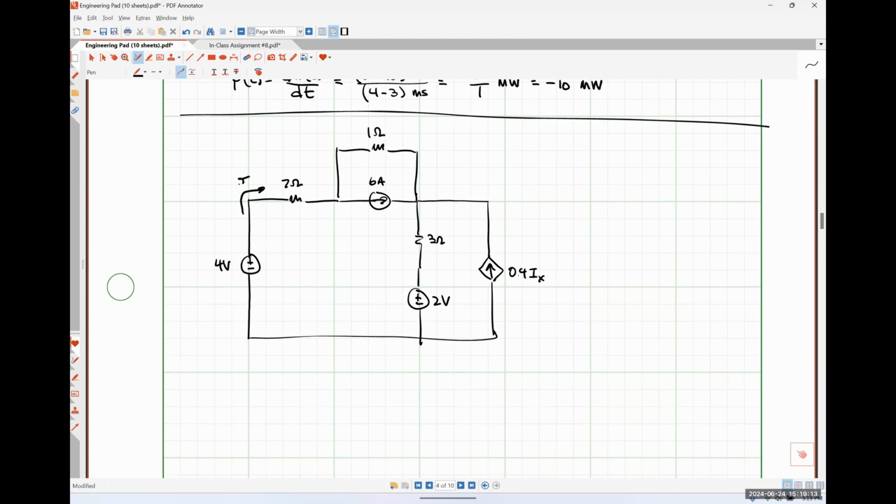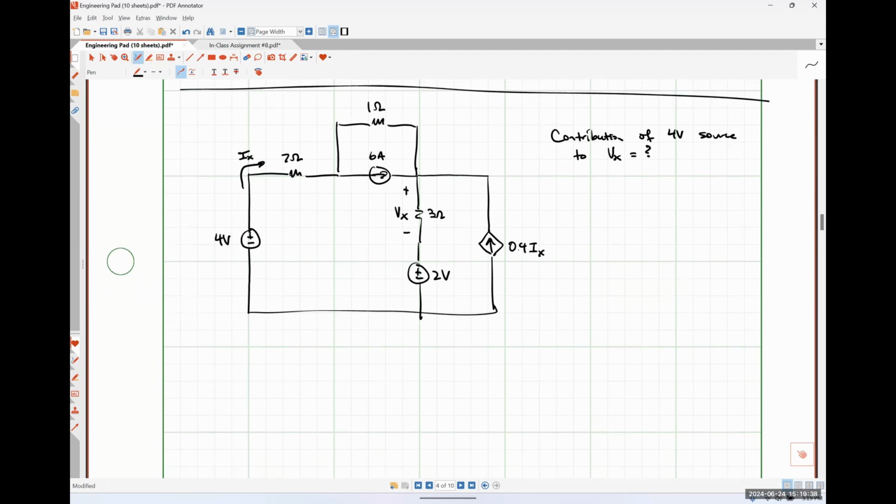This is our current Ix, and this is the quantity Vx. We want to know the contribution of the 4-volt source to the quantity Vx.